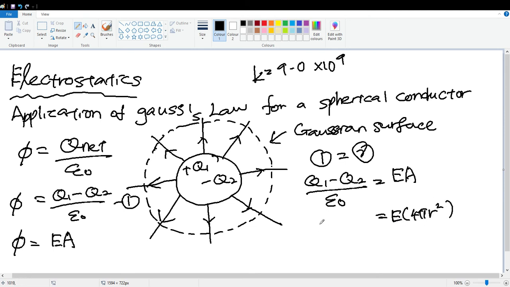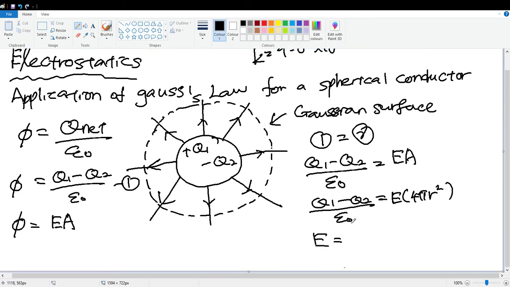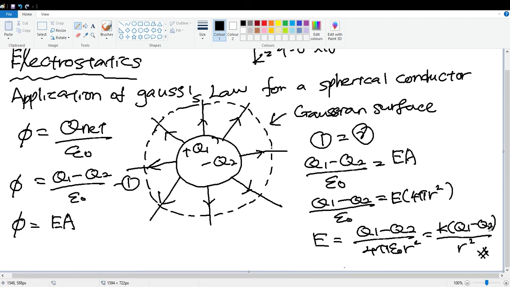So finally, the electric field strength is Q1 minus Q2 divided by 4 pi epsilon naught r square, which can be simplified to k(Q1 minus Q2) divided by r square. So this is the spherical conductor for the application of Gauss law.